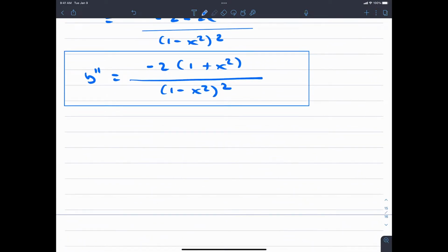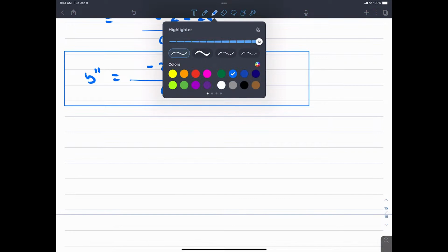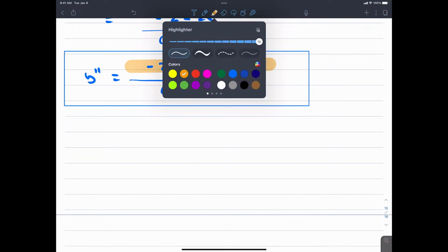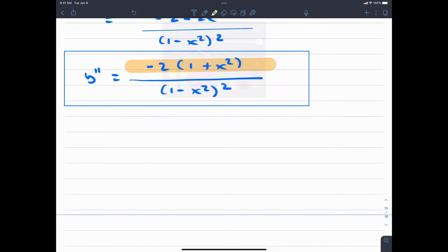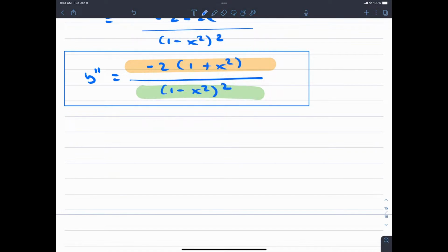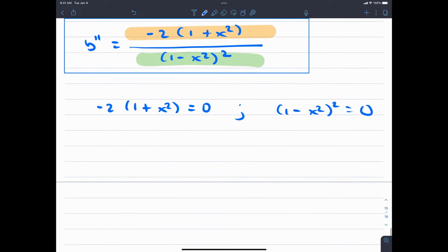Sign analysis again. We got a numerator, we set equal to 0. We got a denominator, we set equal to 0. So, I'm going to do this: 1 plus x squared equals 0. And then down here, 1 minus x squared squared equals 0, right? Numerator is 0, denominator is 0.